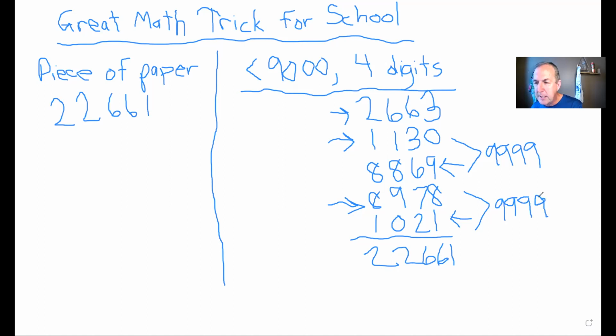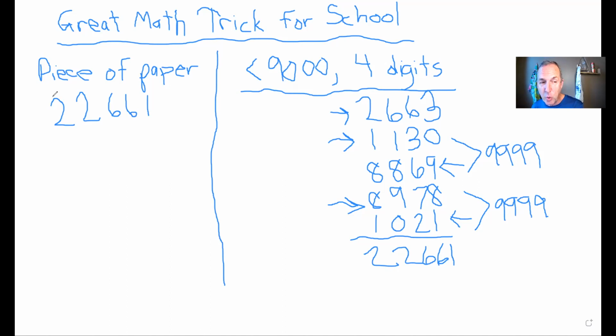Now, I hope you can tell by looking at these two 9999 numbers, if you add those together, that's basically just 2 short of 20,000. That is, 9999 plus 9999 adds up to 20,000 minus 2. 20,000 minus 2. Sound familiar?